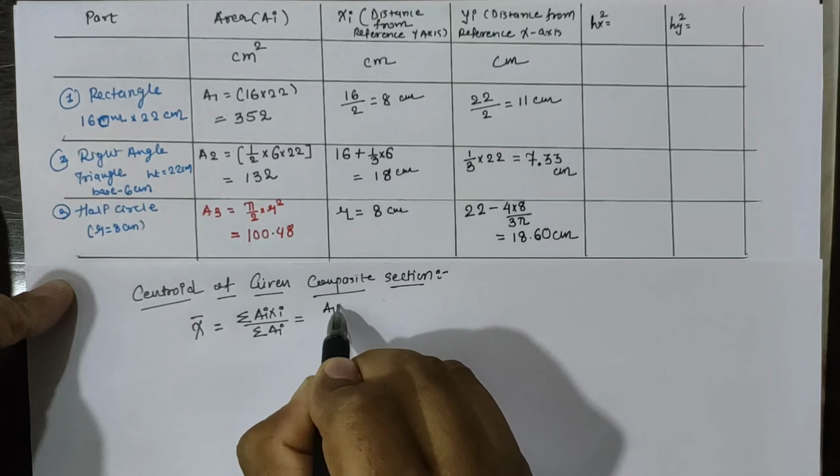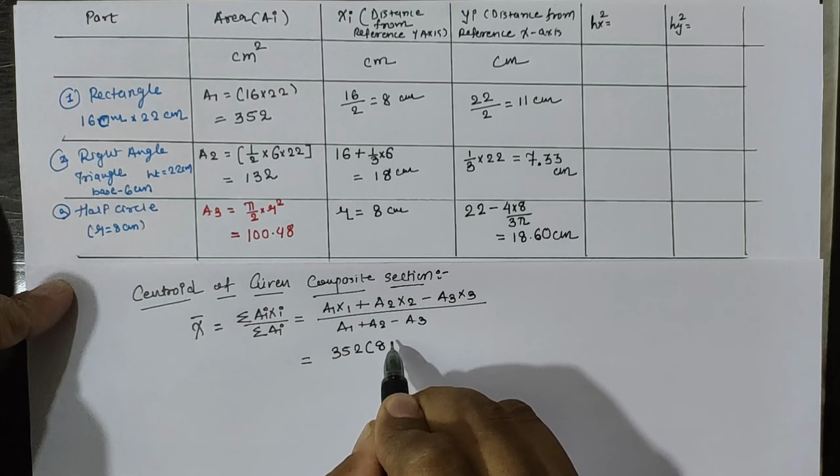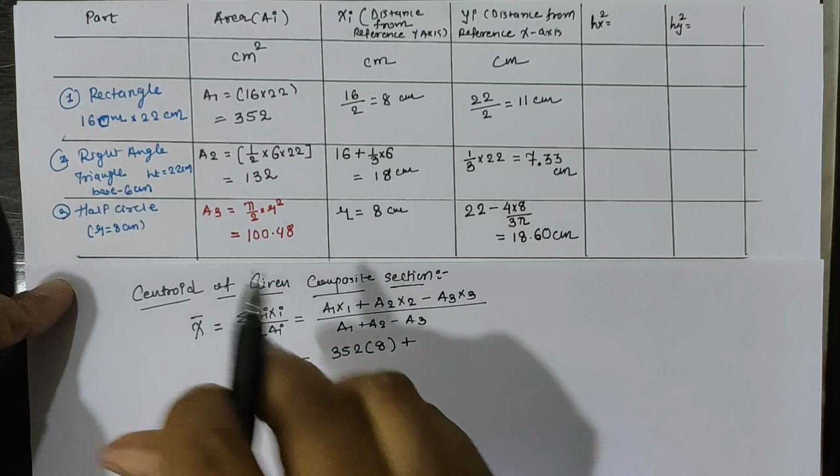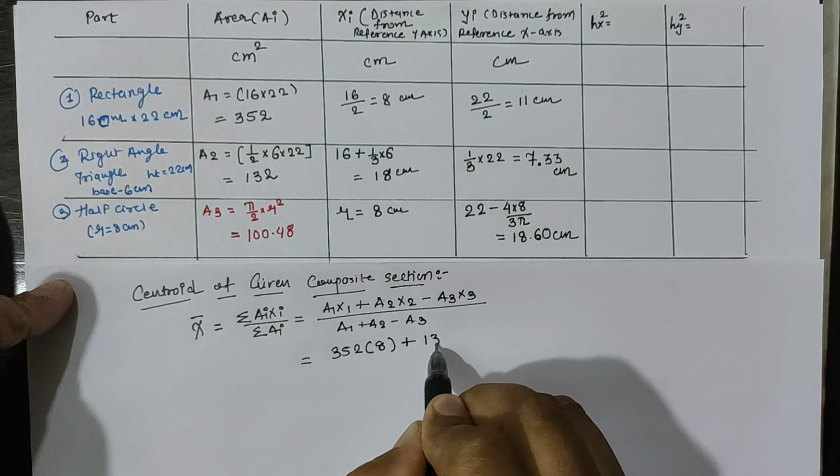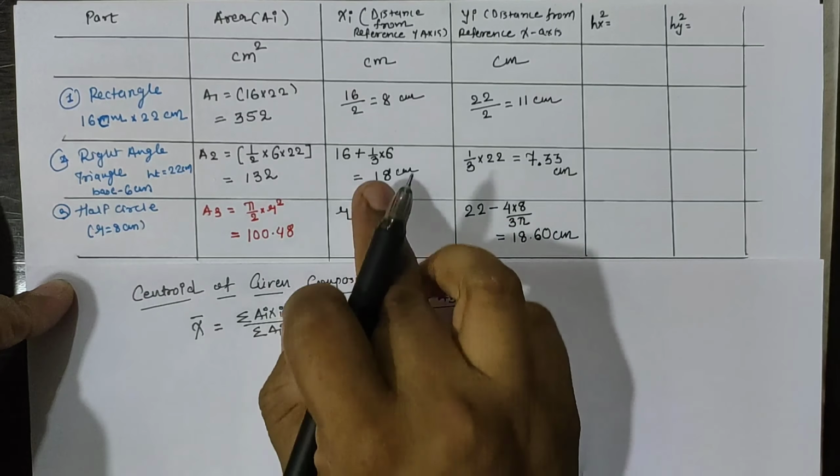Our area of the first part is 352 into X1, which according to the tabular form is 8 centimeter. So 352 into 8 plus A2 is 132 and X2 is 18. Now it is minus for the half circle part, so negative.